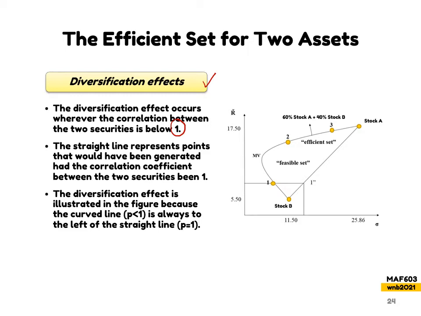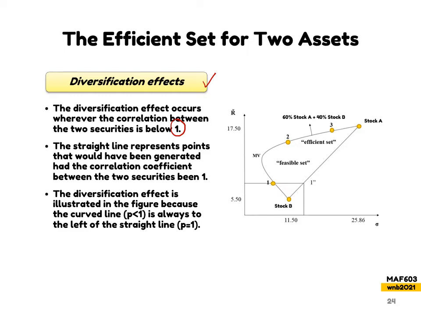You need to diversify in order to minimize the risk. Another thing is that when you want to invest in a portfolio, you are suggested to combine two assets which are negatively related to each other. So we want the correlation between the two securities to be below 1.